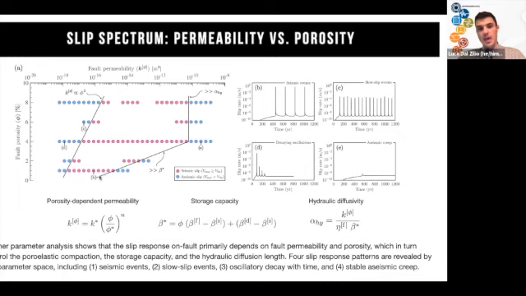On the other hand, we observe that we have a sharp transition here for a higher permeability, and at some point we reach some kind of permeability threshold, and above this value we don't observe any seismic event.